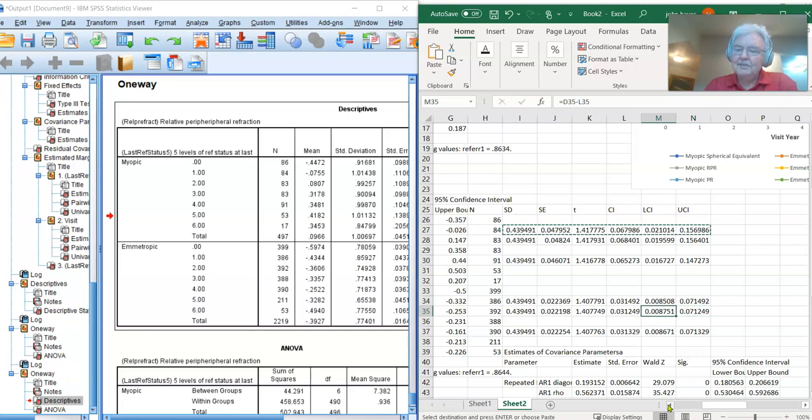Let's look at the next one. It is, oh, maybe not. Okay, those overlap.